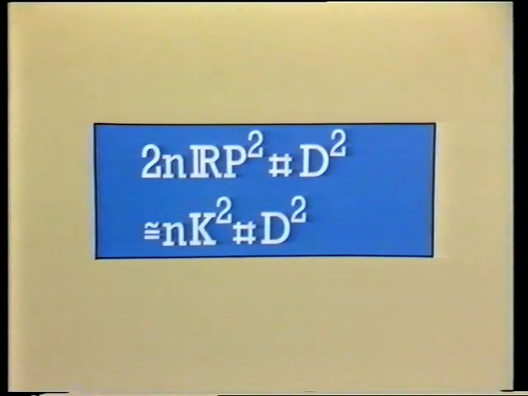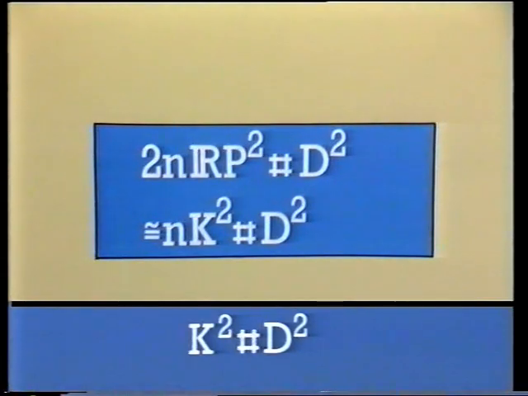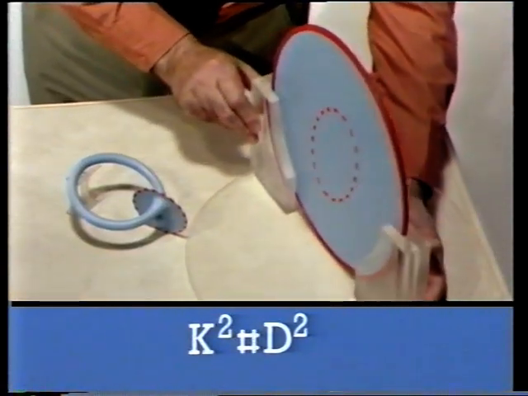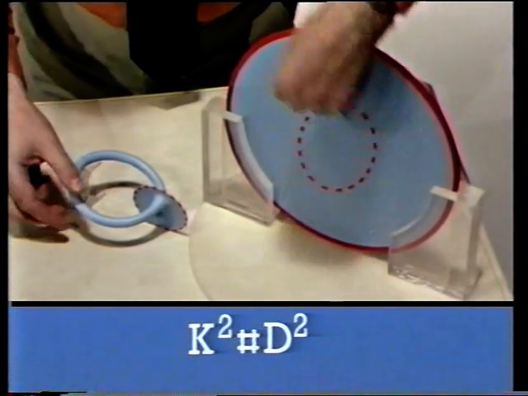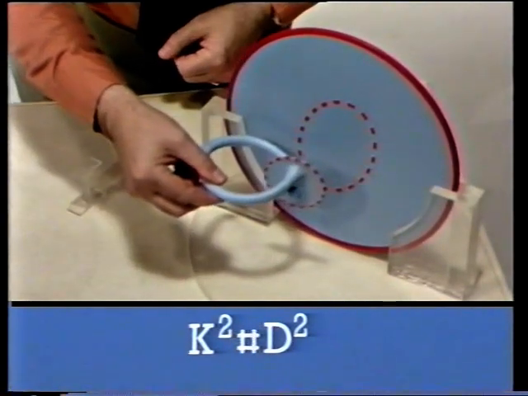This time we take a disc instead of a Möbius band and add Klein bottles to it. So for n equals 1, we just have 1 Klein bottle and a disc. So we have to cut a hole in this disc and glue one of these into it.